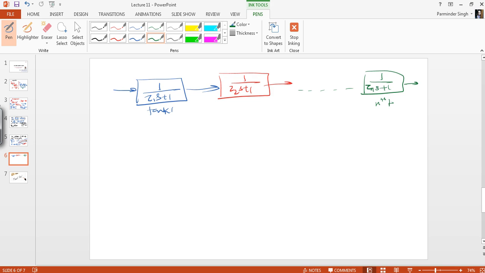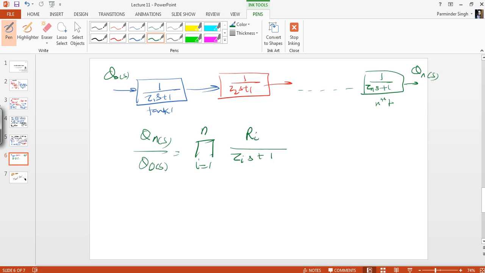Let's say this is Qn(s) and this is Q0(s), the input. Then Qn(s) over Q0(s) will be the product of all these, the product for i equal to 1 to n of R_i over tau_i s plus 1.